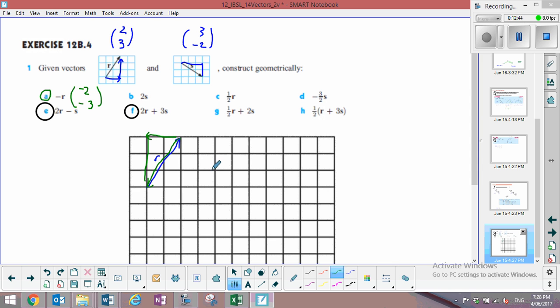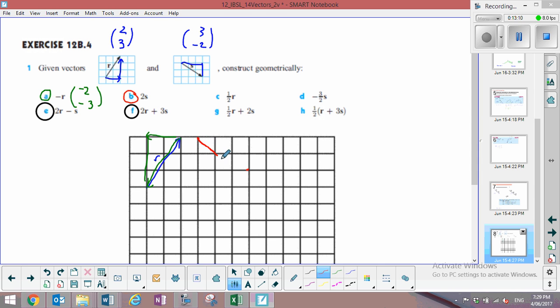If I wanted to do 2S, let's go red for this one. S is going, I think we can start here. We're going across 3, starting here, across 3 down 2. That's where we want to finish.